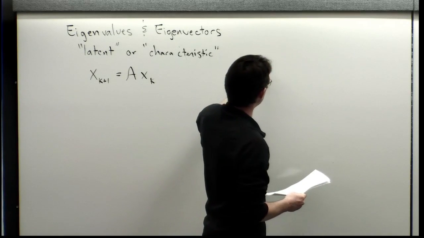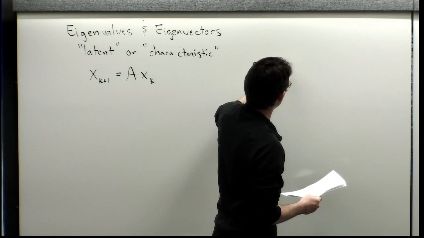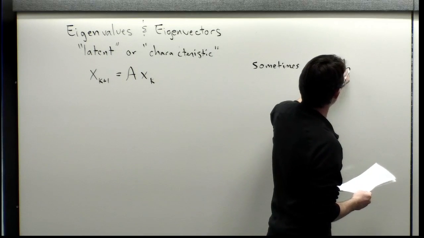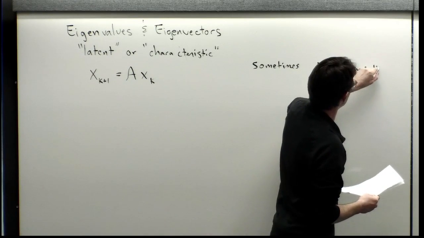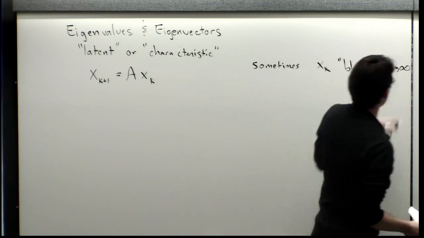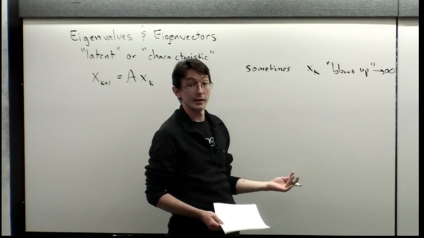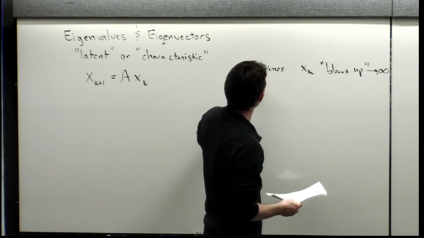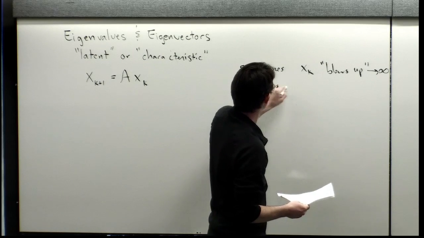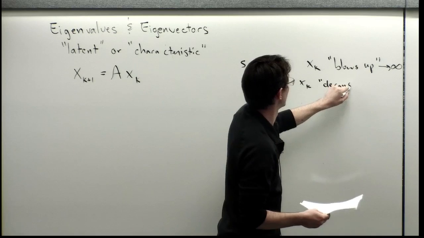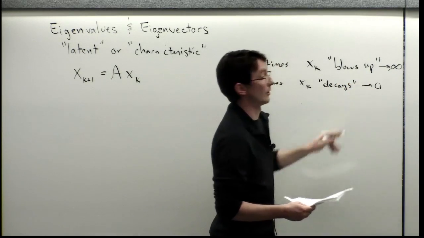Sometimes x k blows up, meaning it goes to infinity, and sometimes x k decays, which means it goes to 0.